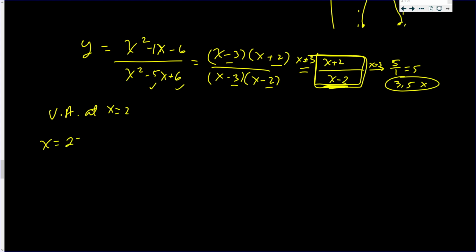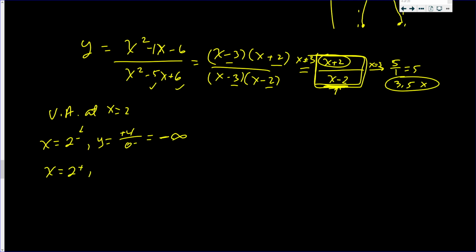If x is a little bit less than 2, the numerator is going to be close to 4. And if you're less than 2, and you take away 2, you'll be negative. A positive over a negative is negative, and when you're dividing by 0, you get plus or minus infinity. In our case, minus infinity.